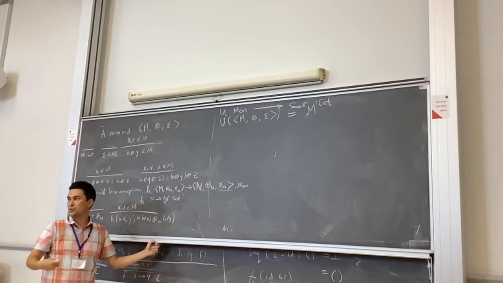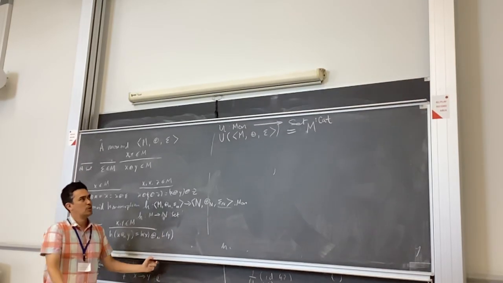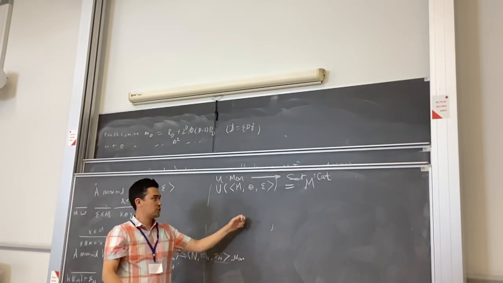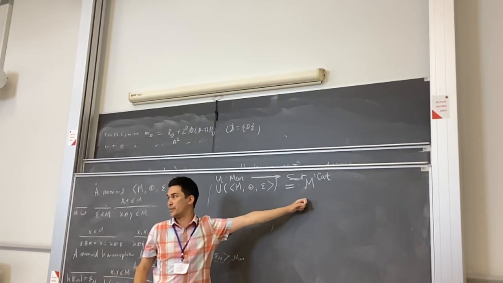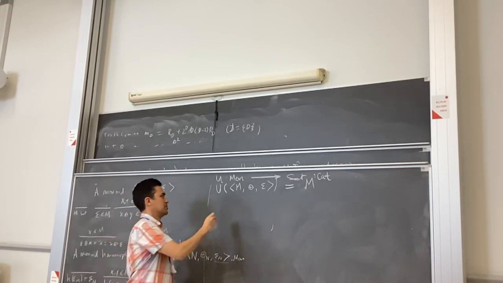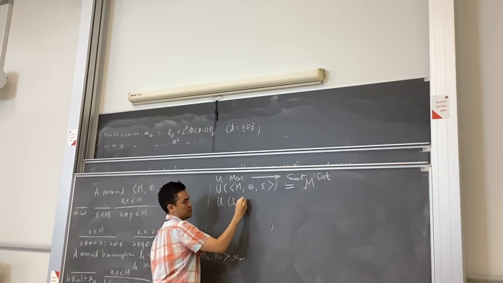So if I had a way of transforming Mon arrows into Set arrows, I'd be jolly happy. Well, I'm telling you here that this thing is a Mon to Set transformation. So it better not just transform the objects from one place to another, it better also transform the arrows from one place to another.